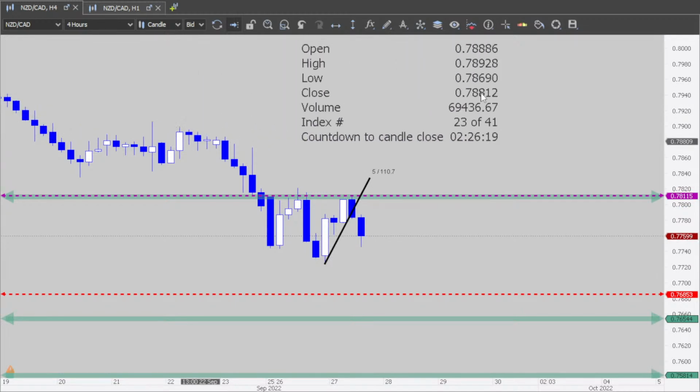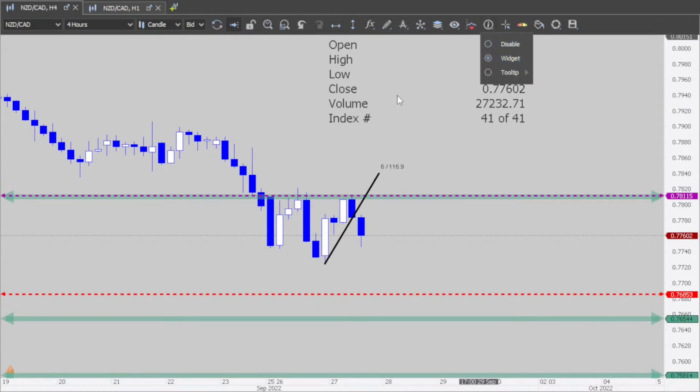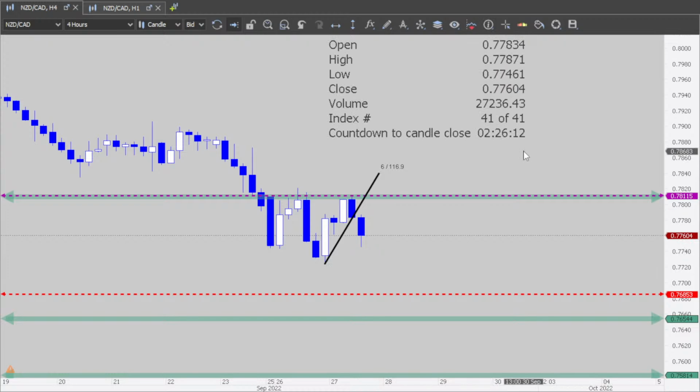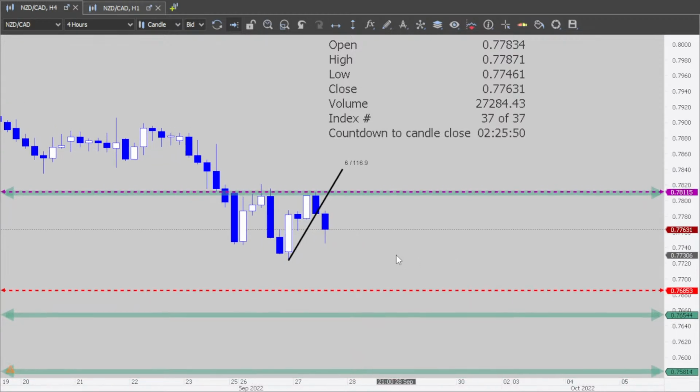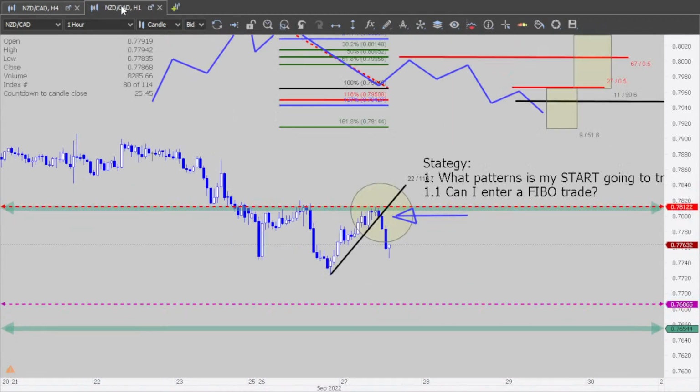If this candle closes bearish, so my chart time is New York close, I need to wait for 2 hours and 26 minutes for the candle to close, and if this closes bearish, we can enter short. This is no recommendation, we are here to learn, everybody.